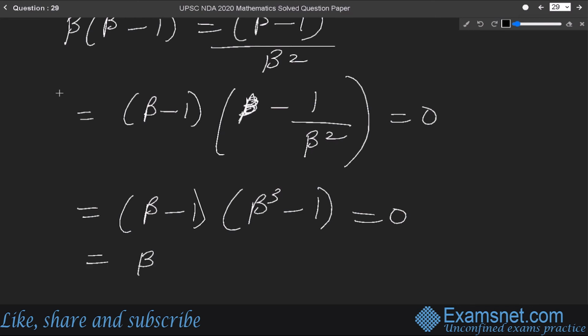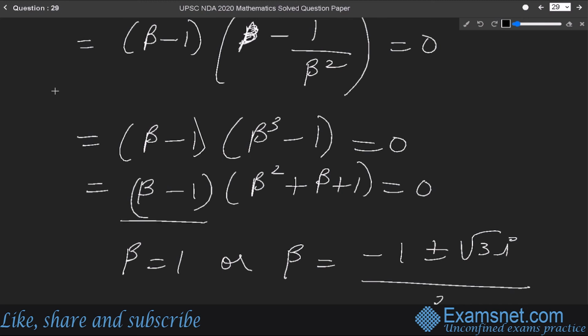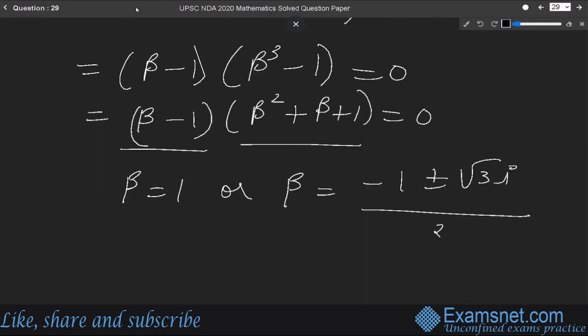So it can also be written as (beta minus 1) into (beta square plus beta plus 1) is equal to 0, which means either beta will be 1 or beta will be equal to minus 1 plus minus root 3i upon 2, because both the terms will be equal to 0. So in this case beta is equal to 1, and in this case beta is equal to minus 1 plus minus root 3i upon 2.